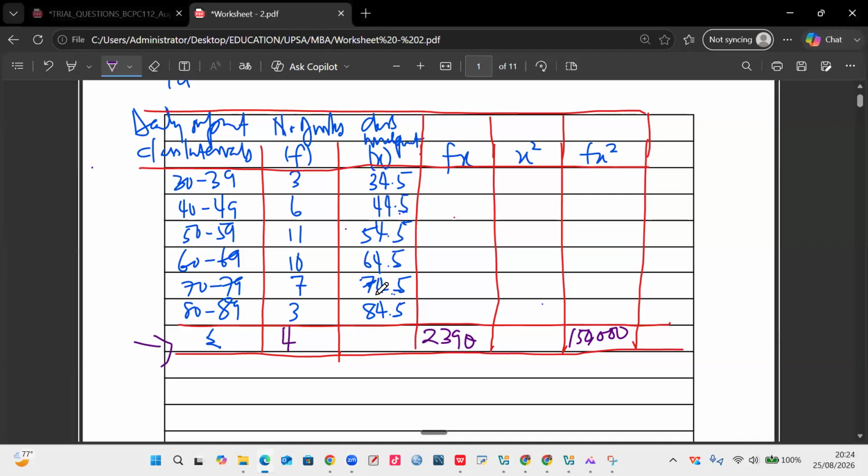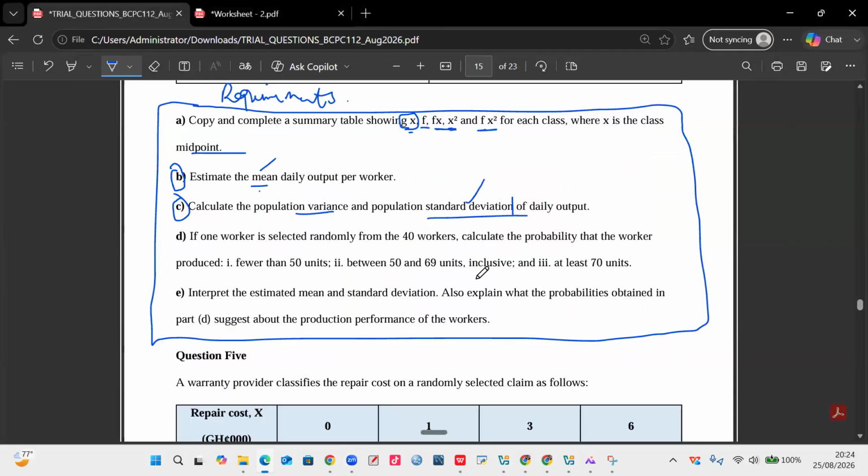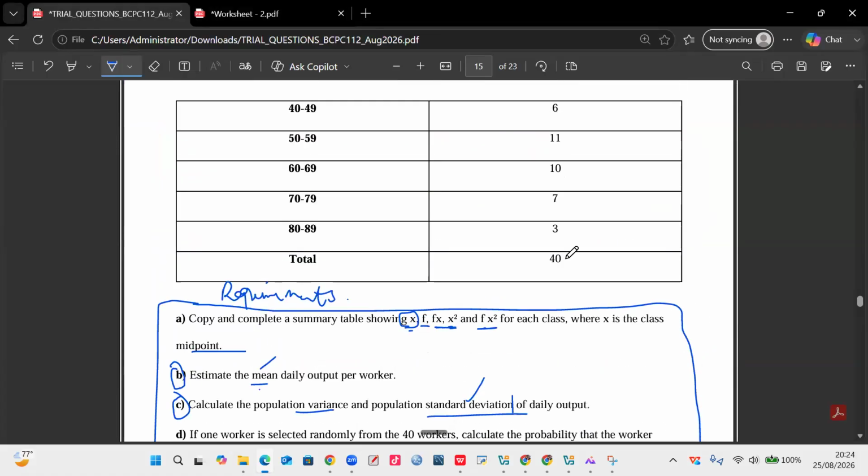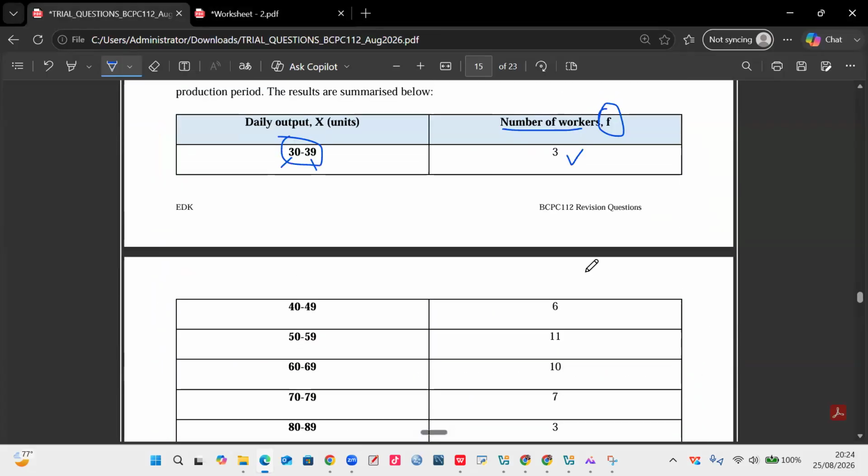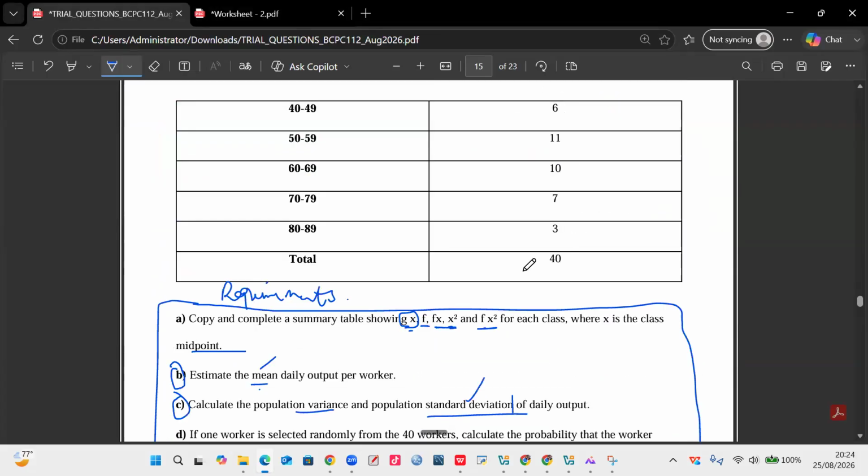So it's 40 here. In this question, the table, what is the total frequency? 40. So even if there is a mistake in the table, the calculator will not cause you to make a mistake.